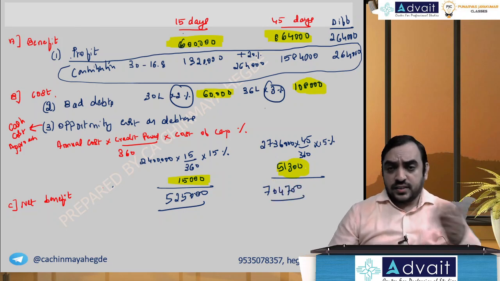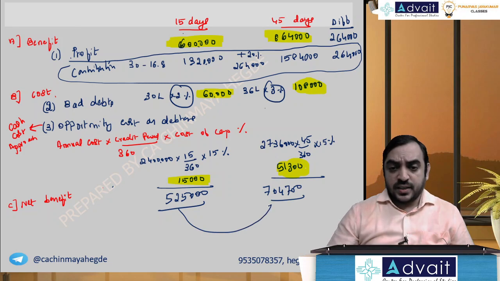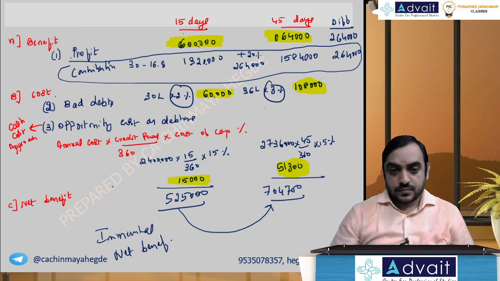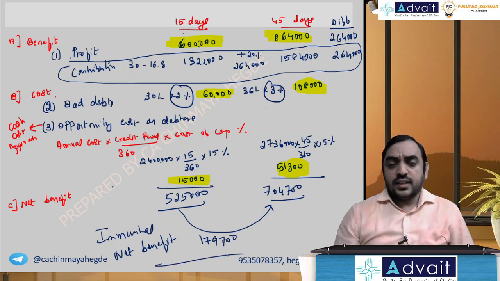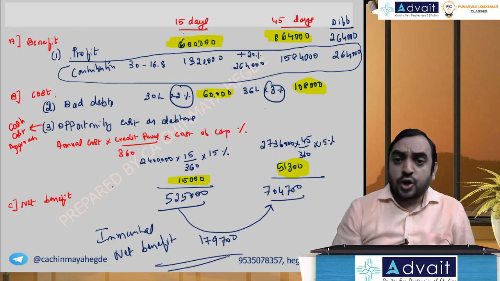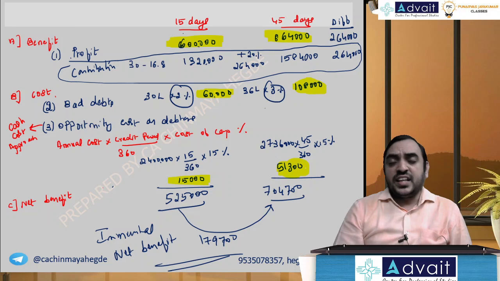So if I go with the new policy, what is my incremental benefit? Incremental net benefit: 1,79,700. So what should we say? Since there is an incremental benefit, if I go for 45 days, my benefit is increasing.